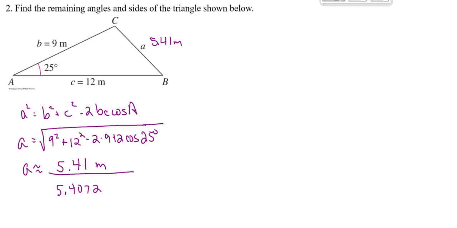And we have to think about reference angles and things that are happening in the shape of this picture as we go. So we can now say that 5.41 over the sine of 25 degrees is equal to b over the sine of capital B.